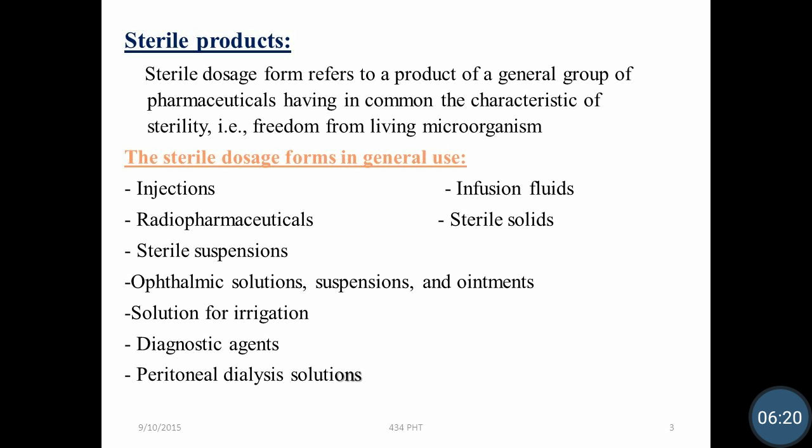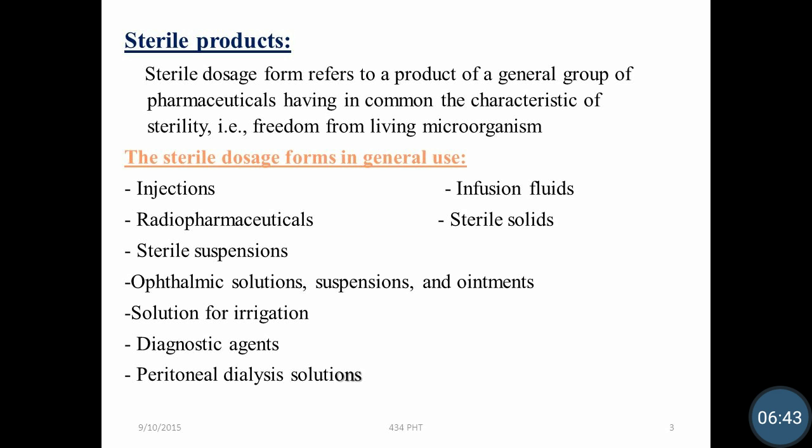So it comes in direct contact with the blood circulation. So all the irrigation solutions should be sterile. Again, different diagnostic agents which are used to diagnose the dysfunctioning of the body are also injected in the body, so they should be sterile.